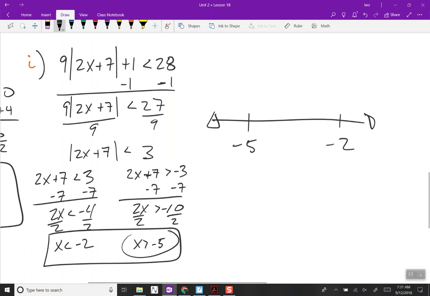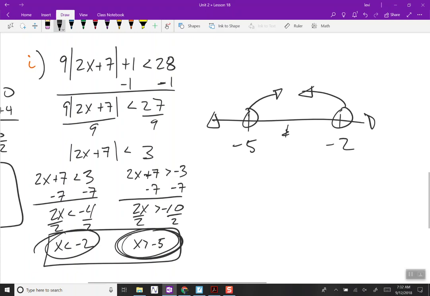If we look at the negative 5 between the x and the negative 5, we're eating the x, so that means we're greater than negative 5, so that's going to go to the right. And if we look at the negative 2, we're eating the negative 2, so that means we're less than. So when a graph goes in on itself, that's an AND equation. I'd read this graph as all real numbers greater than negative 5 and less than negative 2.